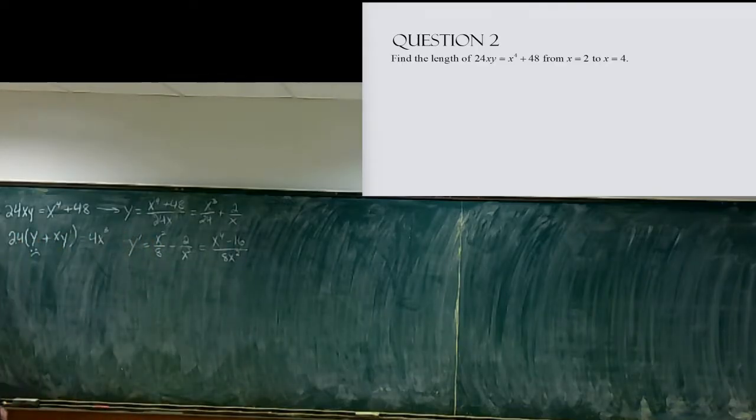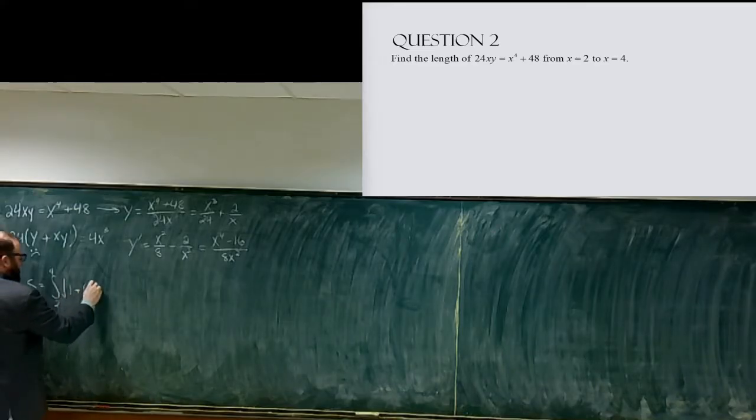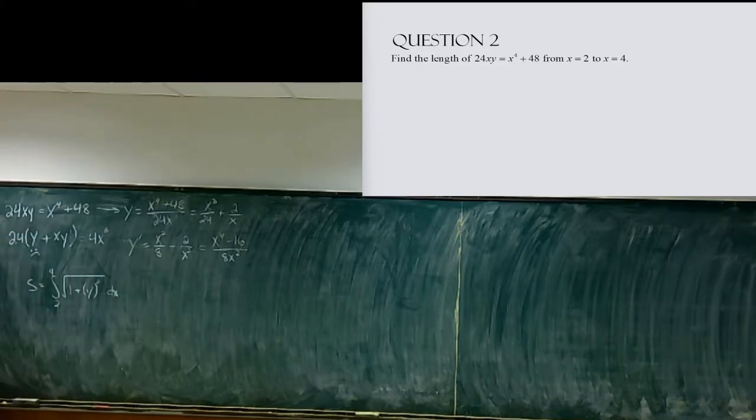Write it as a single fraction: x to the 4th minus 16 all over 8x squared. Our length is the integral over the interval 2 to 4 of the square root of 1 plus y prime squared dx.